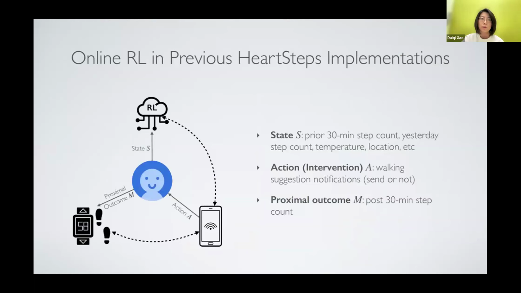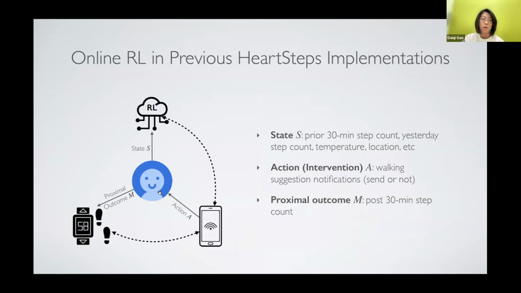So intuitively speaking, online RL continuously updates the personalized policy by interacting with the users and learning from the user's behavior. In the example of HeartSteps, the state can be the prior 30-minute step count, yesterday's step count, etc. And the RL algorithm will, based on the state, decide whether to send a walking suggestion or not.